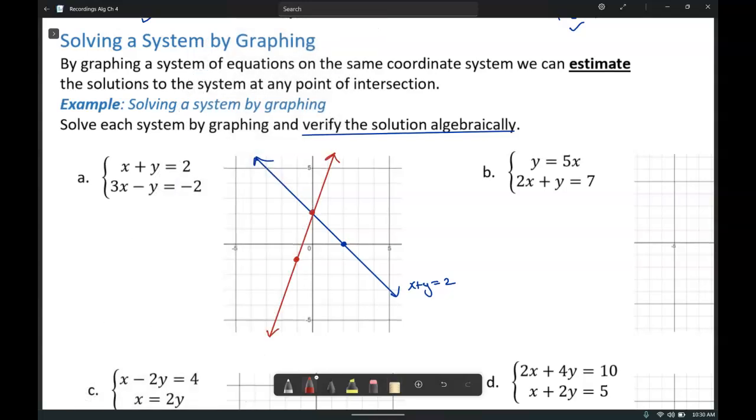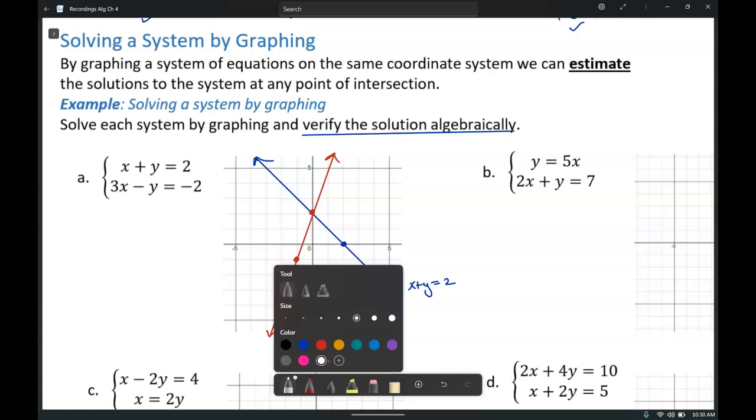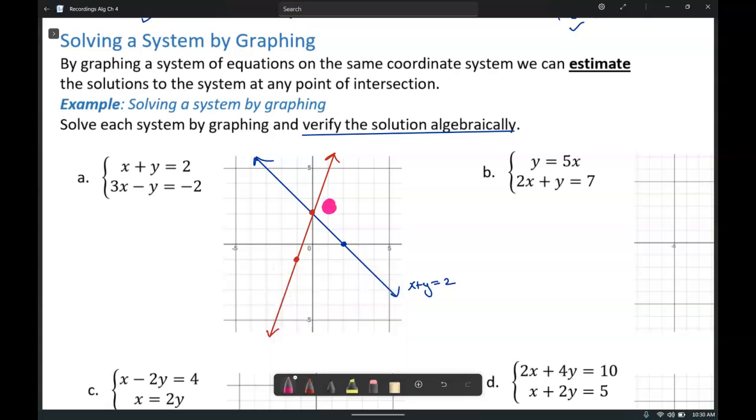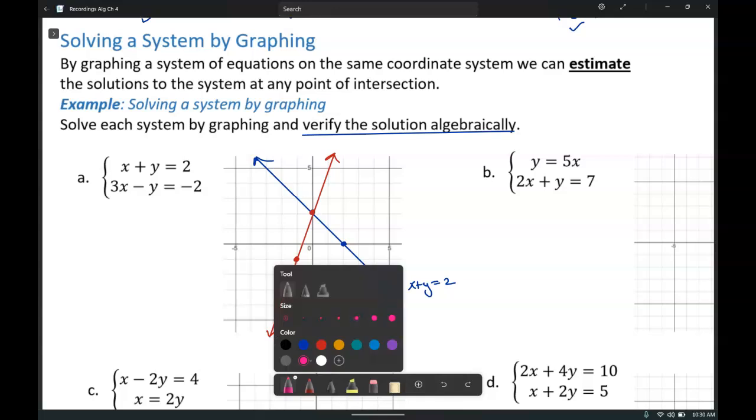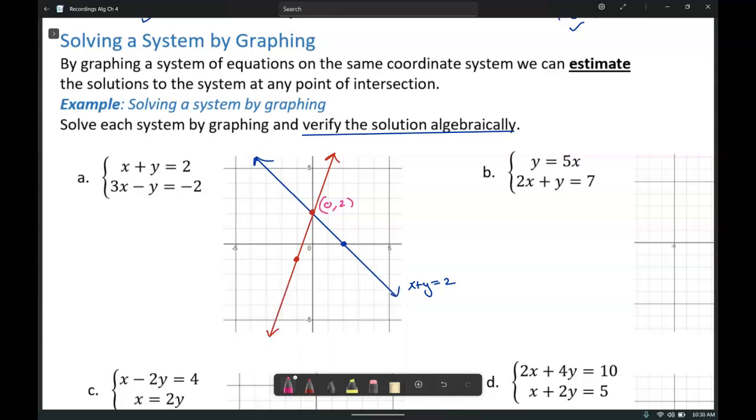And so when we graph these equations, we see that they have this common meeting point, this intersection, at the point 0, 2. So with these two equations, it seems like they intersect at the point 0, 2. And my lines are pretty accurate, so that's a good estimate, but we need to check it.